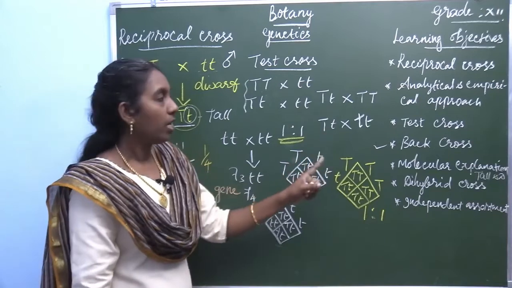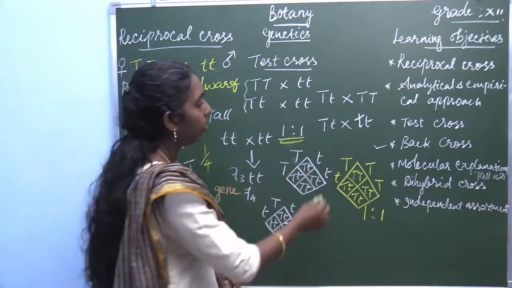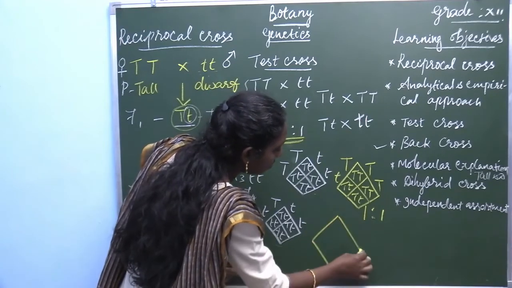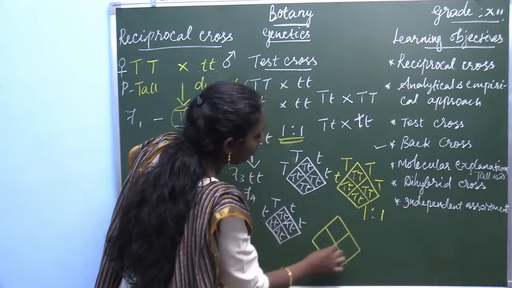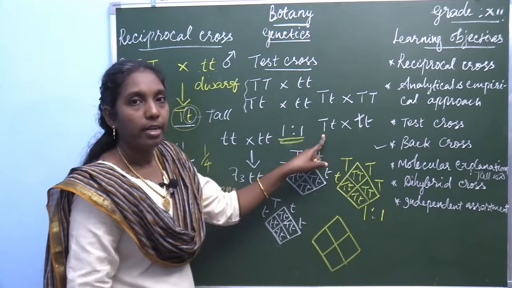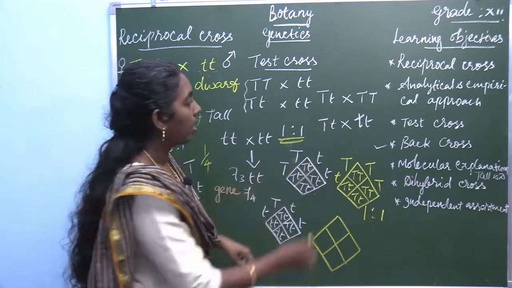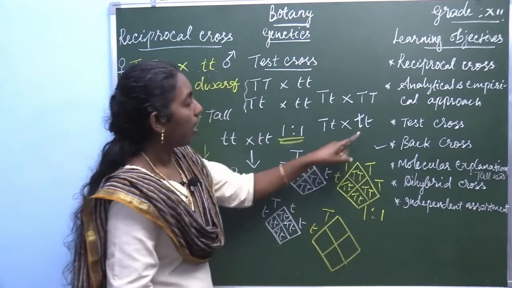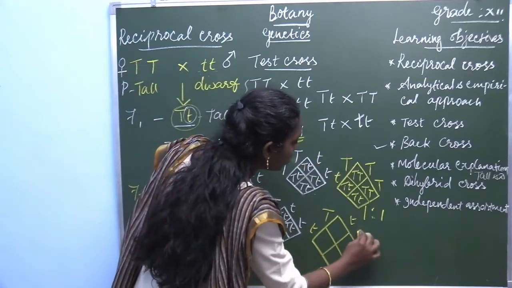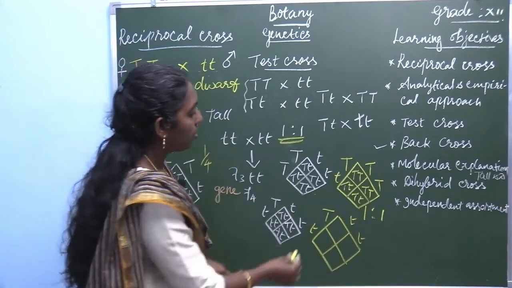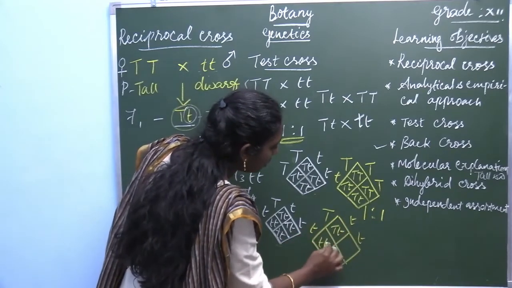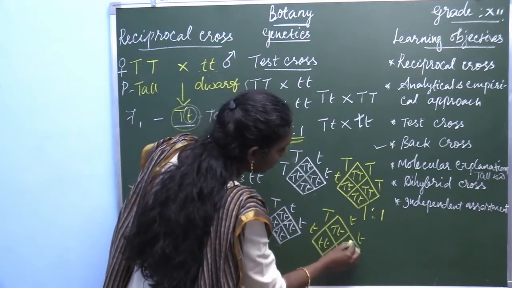Then find out the analytical ratio using a checkerboard. The heterozygous or hybrid is crossed with this capital T, small t and this small t. So it gives capital T, small t, capital T, small t.